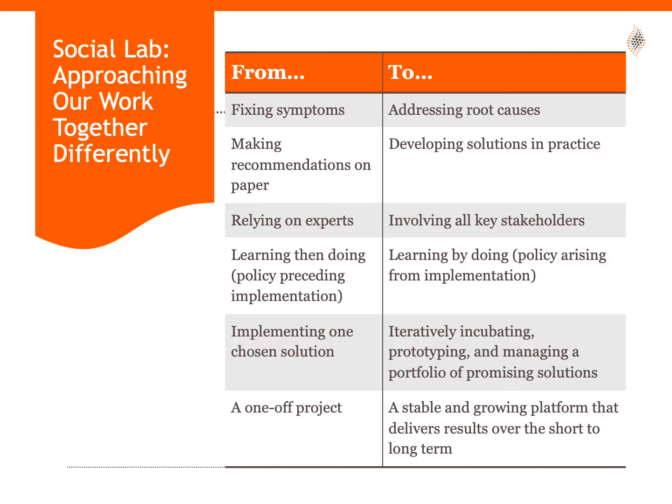So what's different about a social lab approach? Well, the social lab approach moves us from trying to fix symptoms quickly, so moving from the challenge to response quickly, to actually we need to understand what the root causes are, which is about understanding the whole elephant. We're moving from making recommendations on paper.